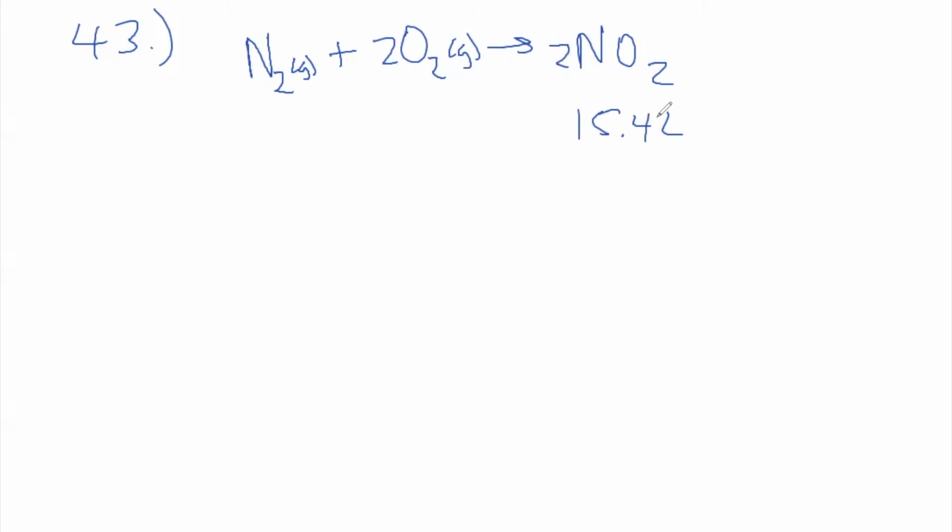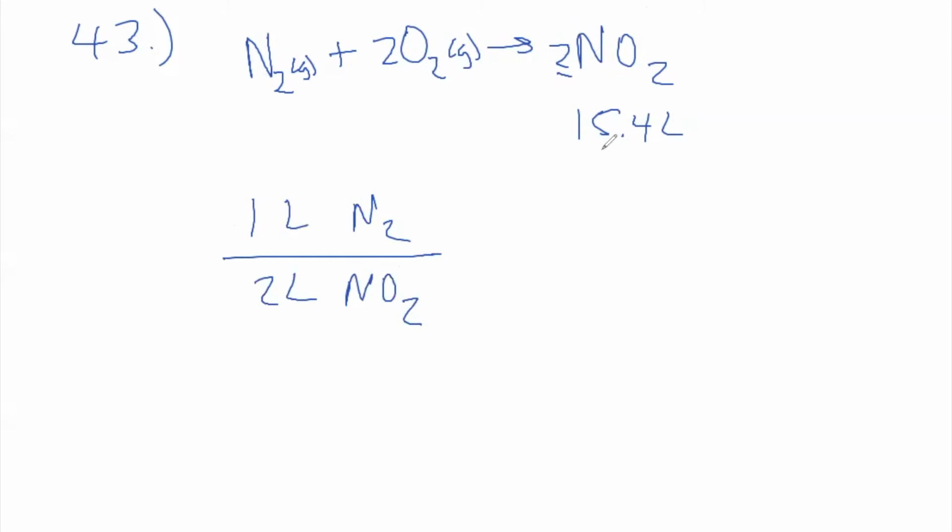So we can use Avogadro's law to figure this out, where we said before that this can be moles or it can be liters. So what this can say is that you get 2 liters of NO2 produced for every 2 liters of oxygen and 1 liter of nitrogen. So the mole ratio we could say is for every 1 liter of N2, you get 2 liters of NO2 produced.